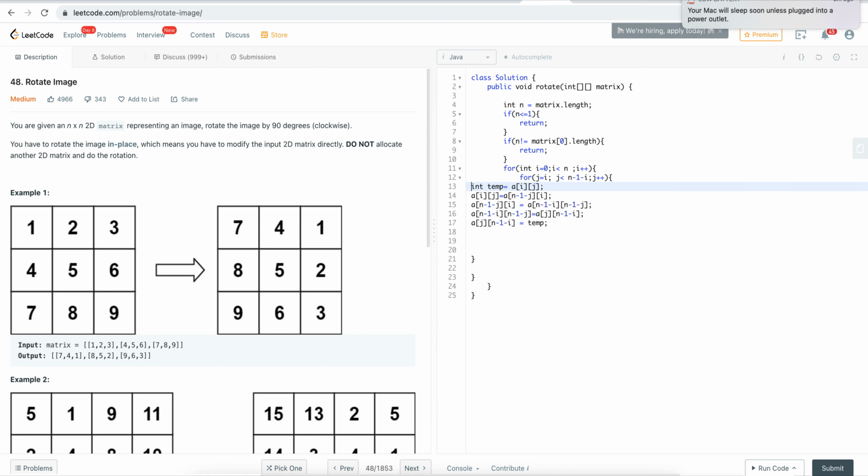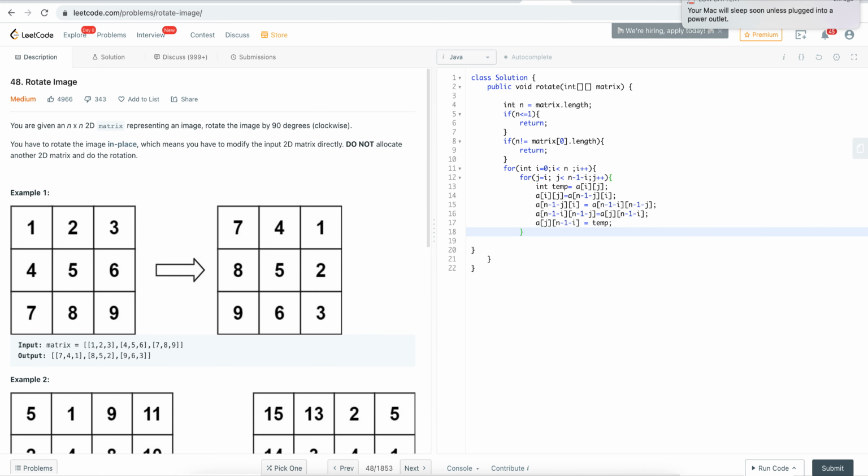Then we start our program. a is the matrix itself, so we override a to the matrix itself. Anything else? Cool.